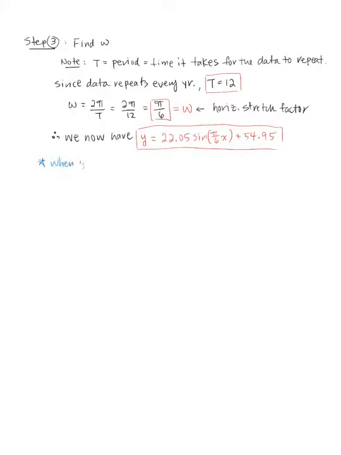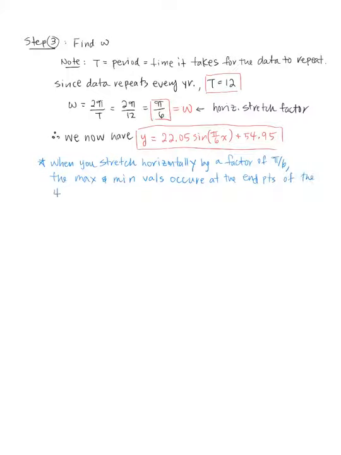I'm going to say when you stretch the previous graph horizontally by a factor of pi over 6, the maximum and minimum values occur at the endpoints of the 4 subintervals of equal length. That is a fact.